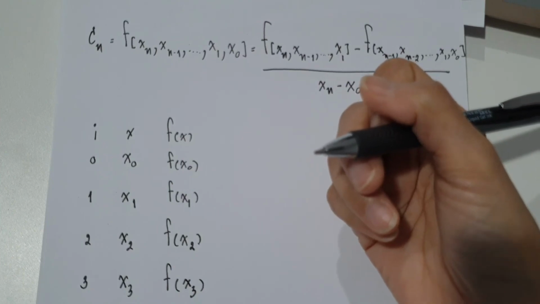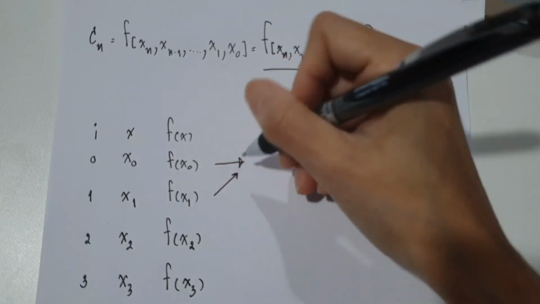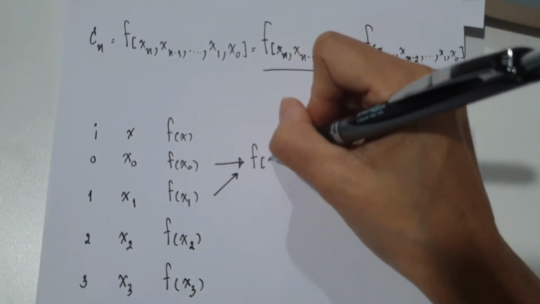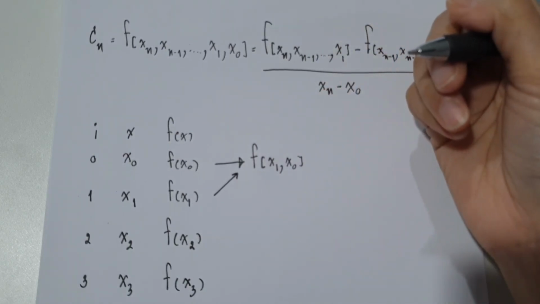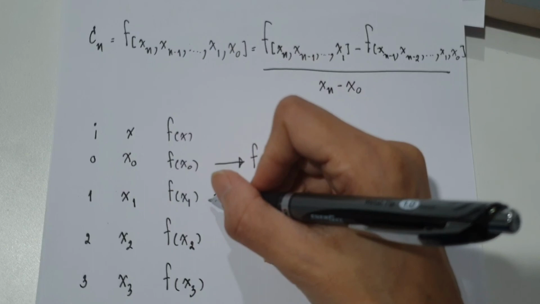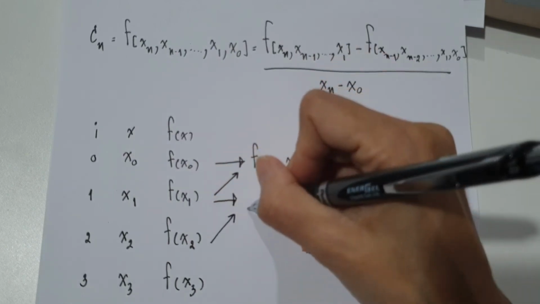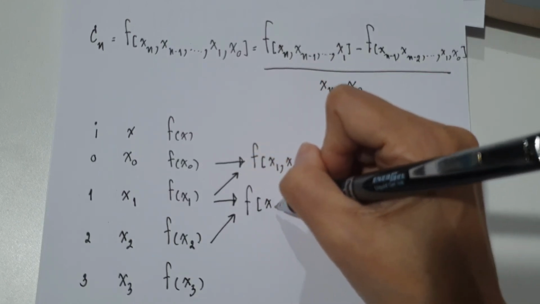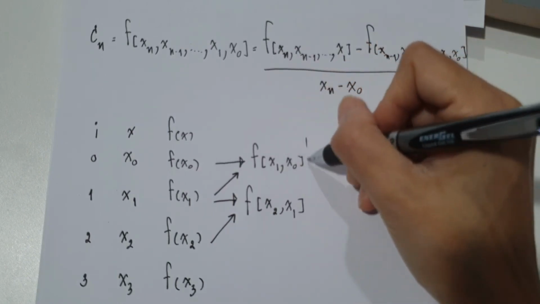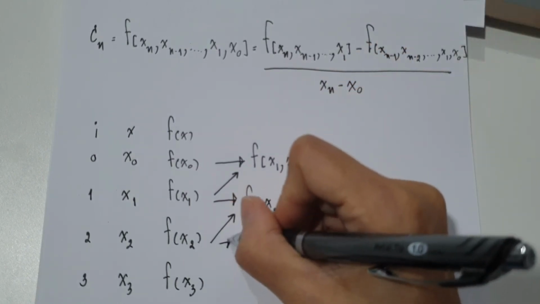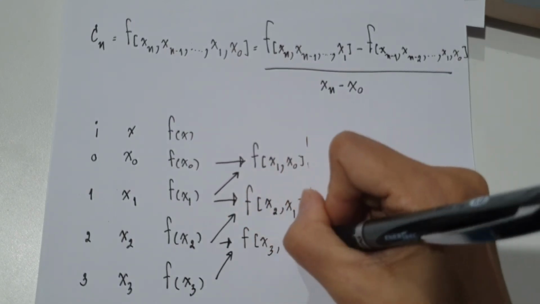Right? So from here, you can use these two values to calculate f[x1, x0], and also use f(x1) and f(x2) to calculate f[x2, x1]. So at the first round, you can calculate f[x3, x2], right?